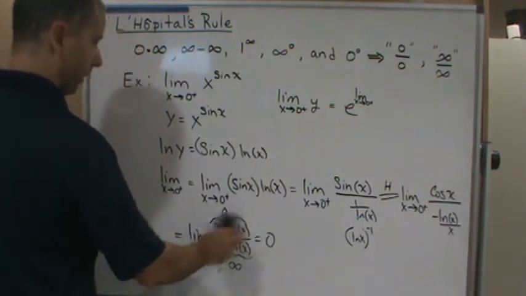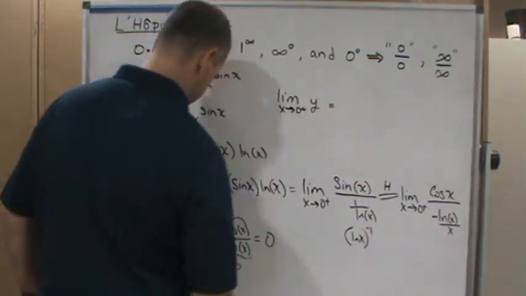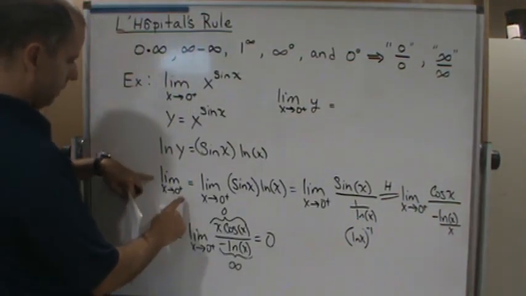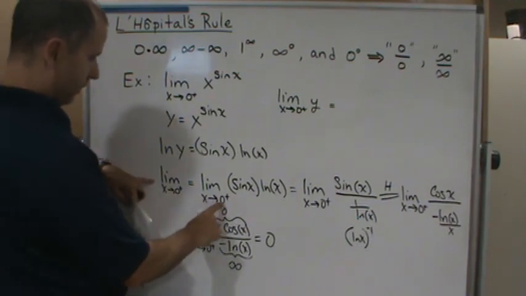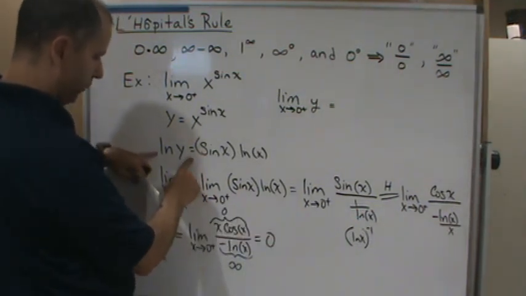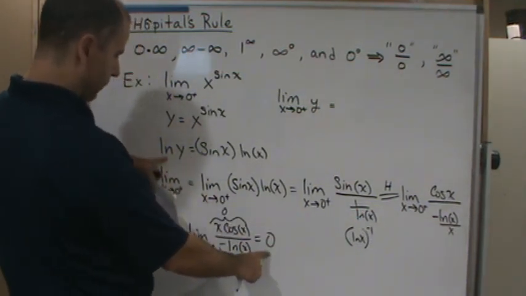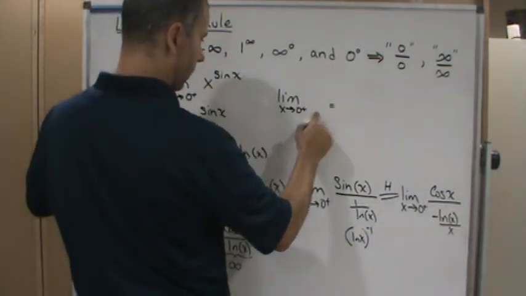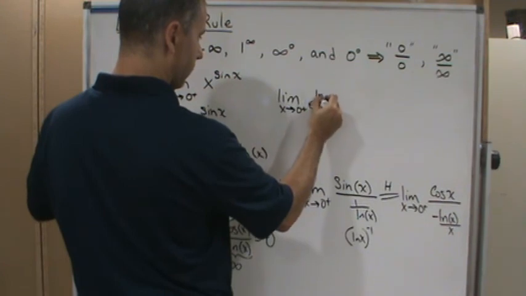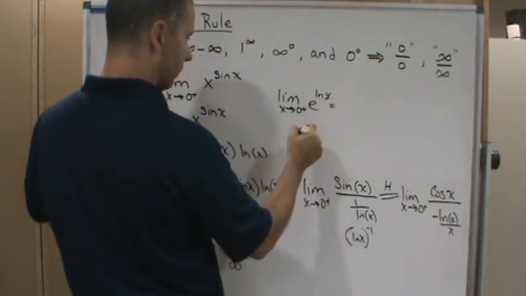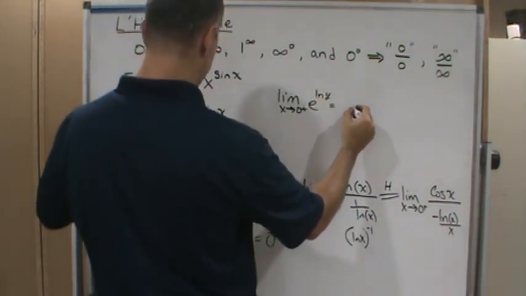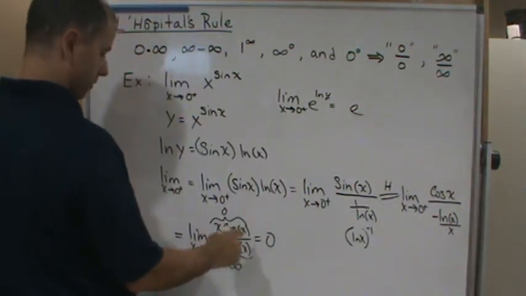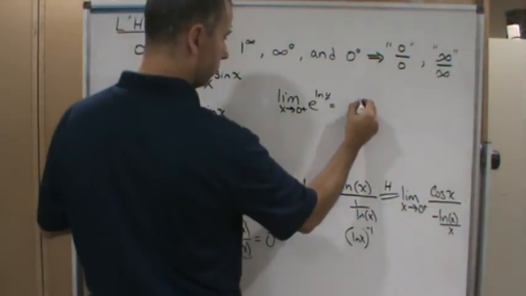well, I'm not going to write all that out. But since the limit of the natural log of y gives me 0, then the limit of e to the natural log of y is equal to e to the limit, which is 0.